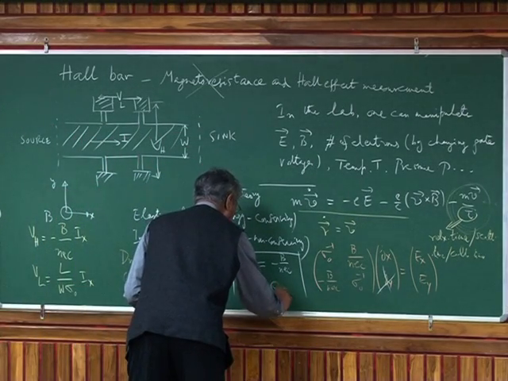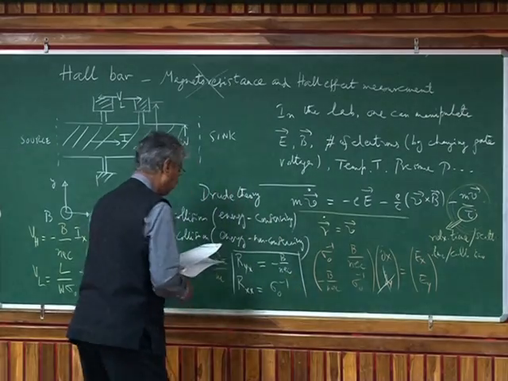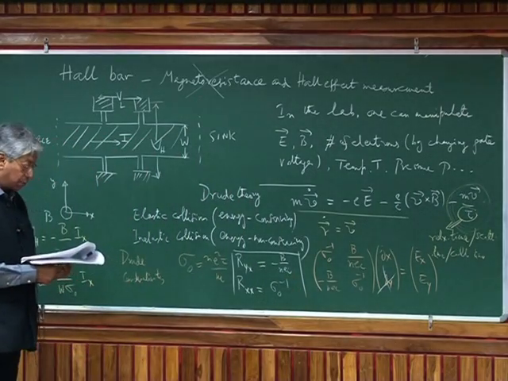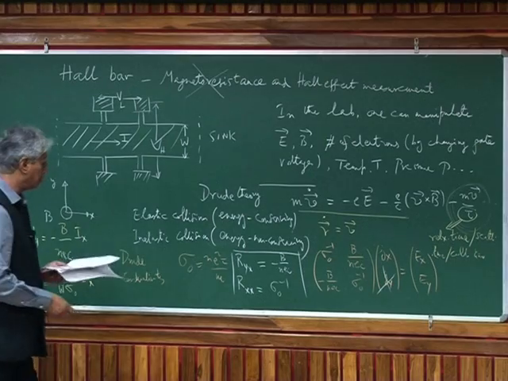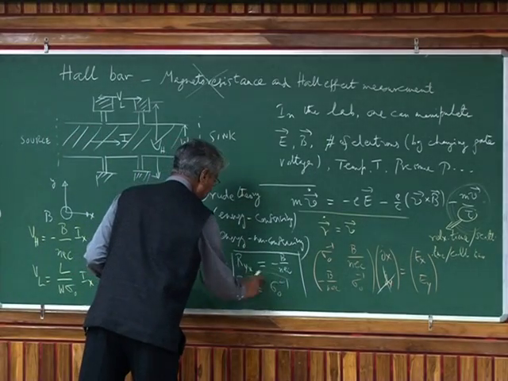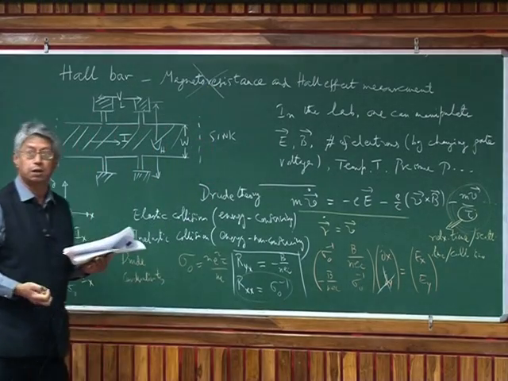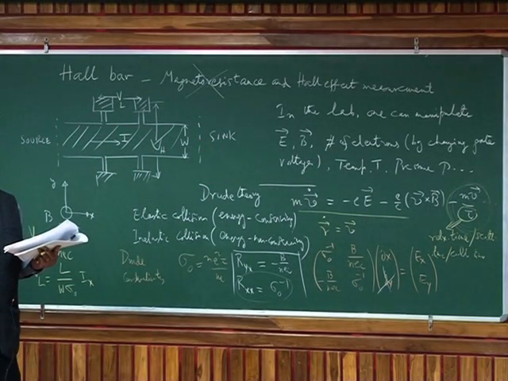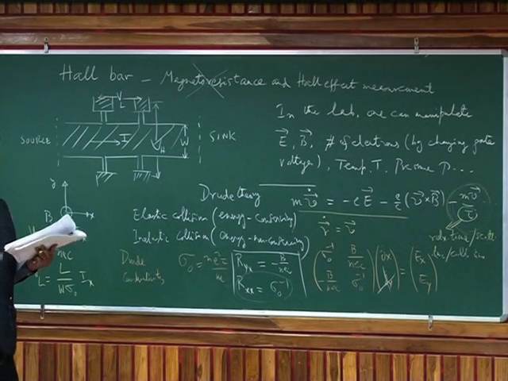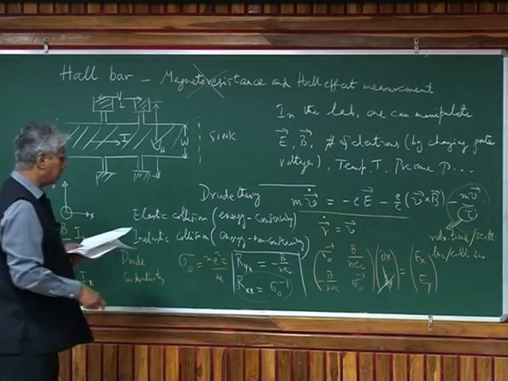Now it turns out that the fact that this is independent of the magnetic field is because I have not considered magnetoresistance in the simple Drude theory. If there is magnetic scattering, then this resistance will also depend on the magnetic field. All right?